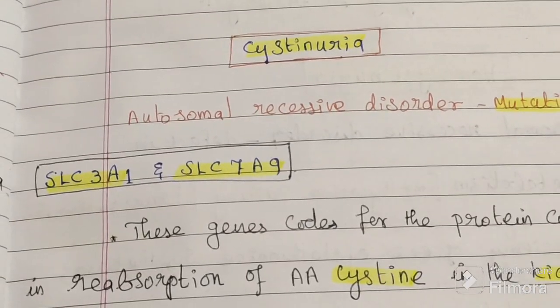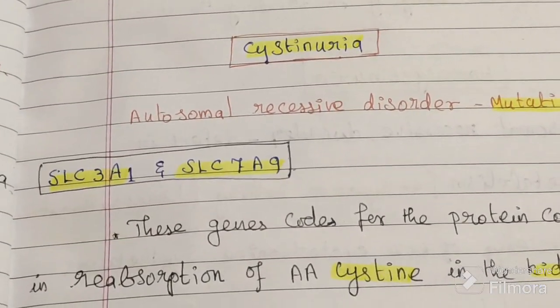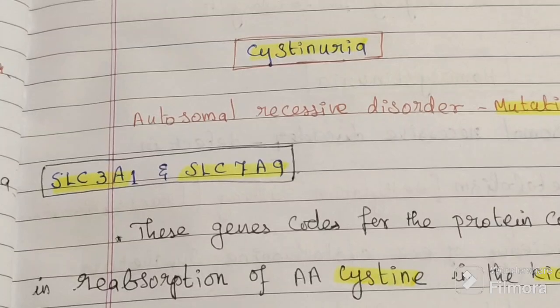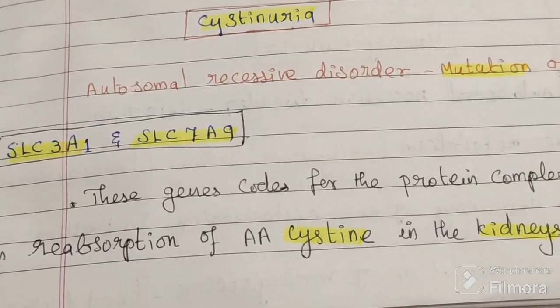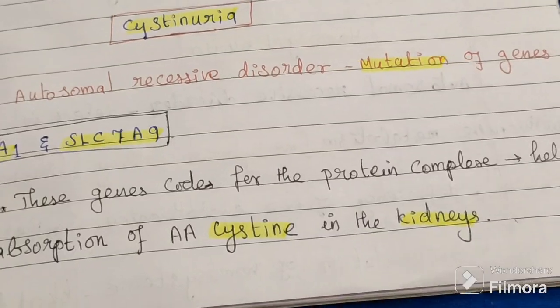These genes code for a protein complex that helps in the reabsorption of the amino acid cystine in the kidney.